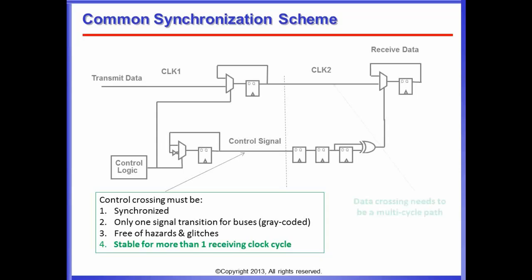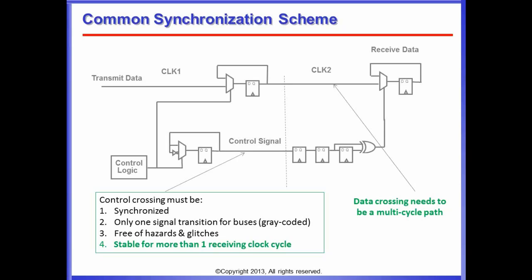The other thing you have to take care of is that the data crossing needs to be a multi-cycle path. What the structural analysis finds out is whether you have these two flip-flop stages and whether you have these data paths controlled here.